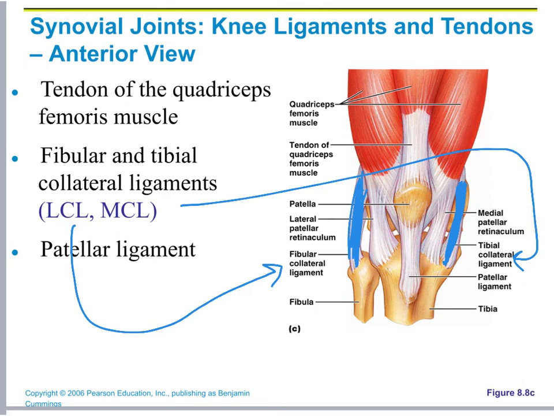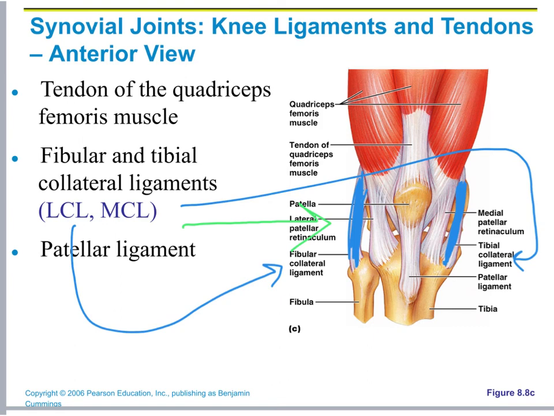So these two ligaments are important in stabilizing the knee joint. If we think of a blow to the outside of the knee, such as might occur in football or another sport, what happens here is the LCL has all this tissue behind it, which acts as a cushion behind to the inside of the MCL over here.